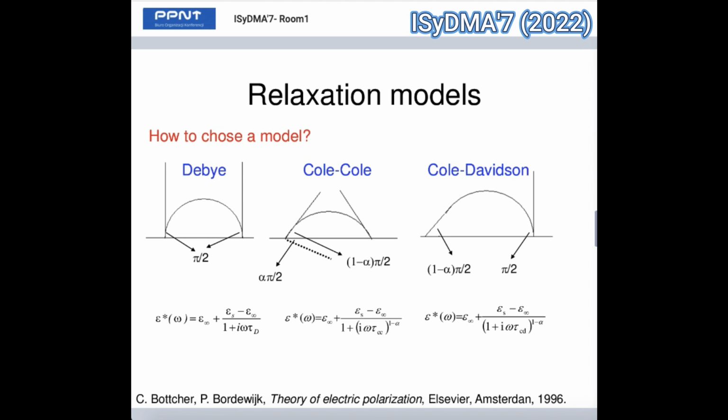You can understand if the depolarization in the time domain will be exactly a pure exponential or not. So usually in most materials we have a stretched exponential that corresponds to Cole-Cole or Cole-Davidson, not to the Debye model.